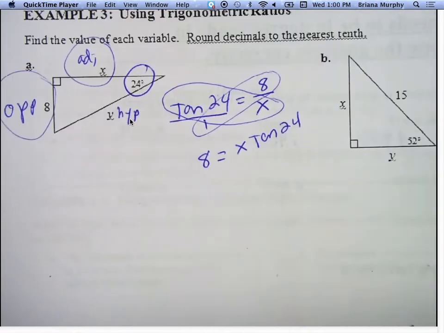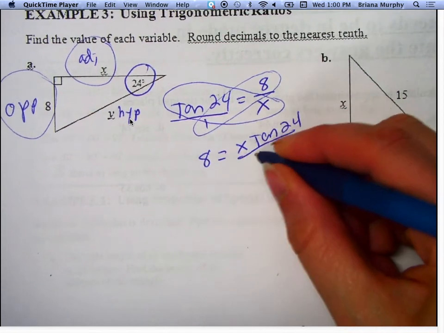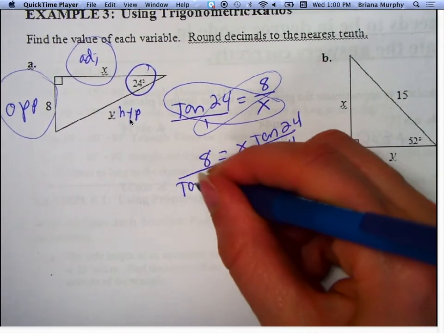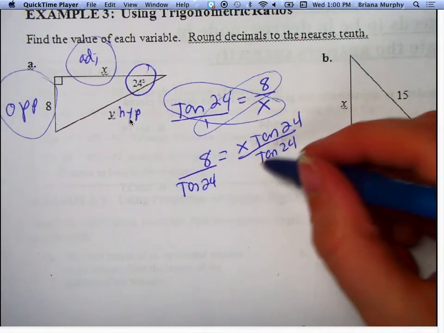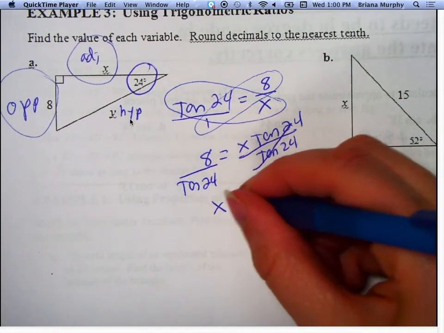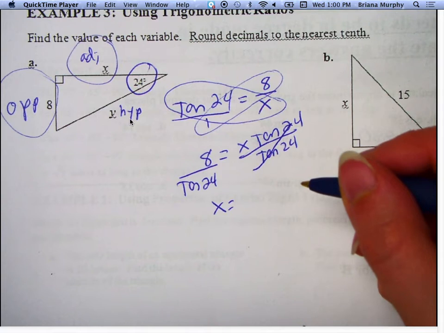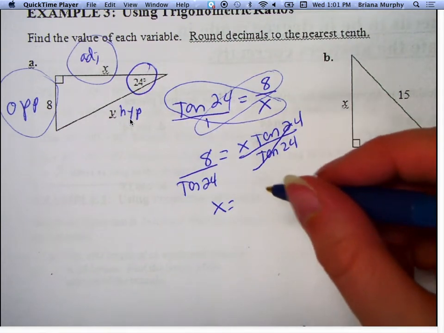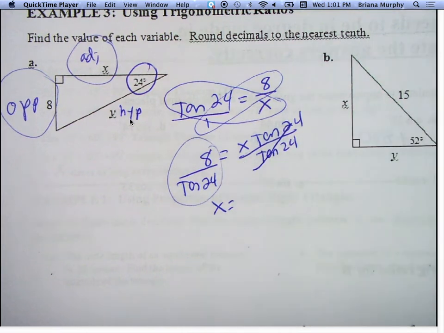Okay, how would I get x all by itself at this point? Is it minus, divide? Divide, because it's being multiplied, right? So I'm going to divide both sides by the tan of 24. And I get x equals, put that in your calculator, 8 divided by tan of 24.